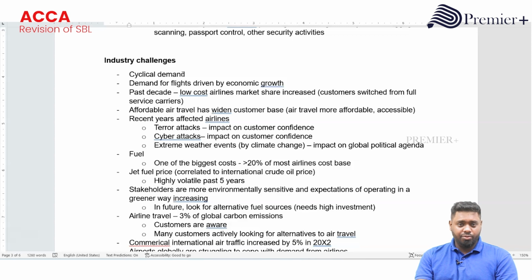Traveling in winter is one of the major periods where there is peak demand. Festivities, breaks from college, leaves at work. So these are the periods where there is significant demand, as well as other festivities and global occasions. So that's why the demand is a cyclical demand.